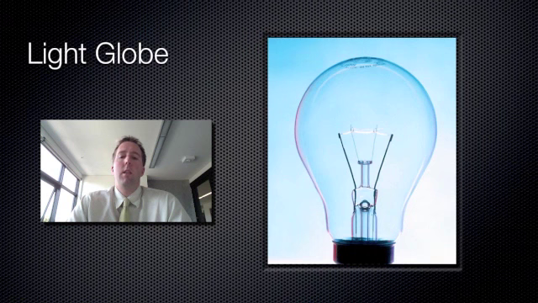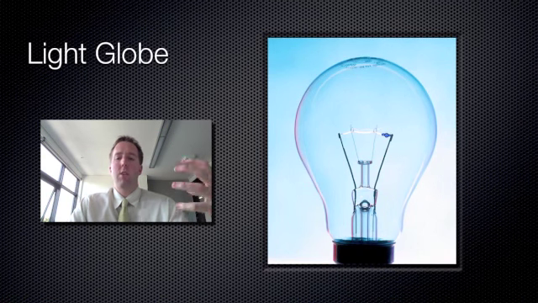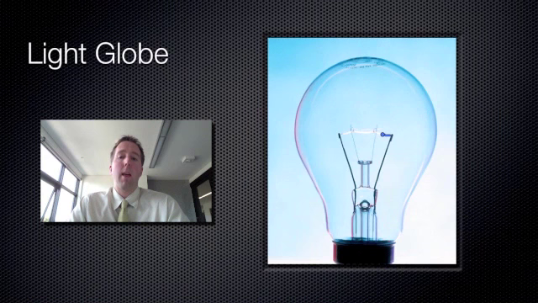When electricity flows along this filament, the filament gets really, really red hot, so hot that it actually emits light. So all light globes do is heat up a bit of metal until it gets red hot or white hot, and then that white hot metal emits light.